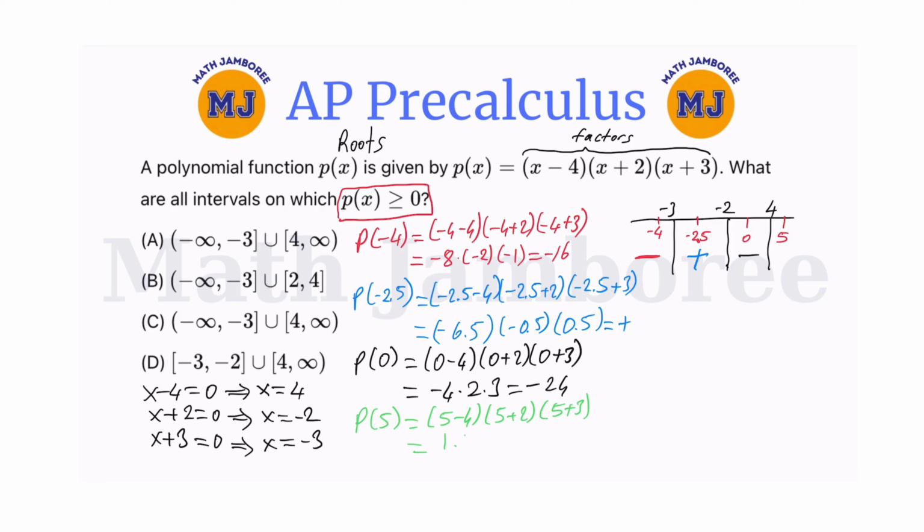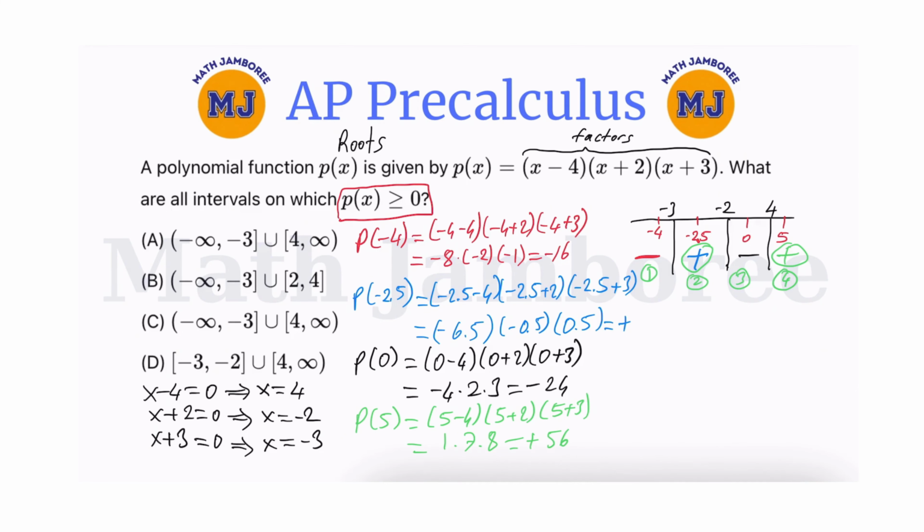This is 1 times 7 times 8, so technically it's positive 56. So we found that, if I call these regions region 1, region 2, region 3, region 4, the second and the fourth regions are where this polynomial function is positive.